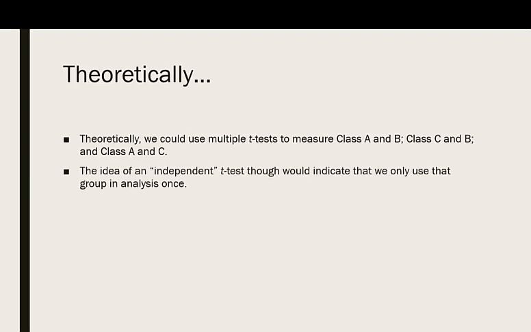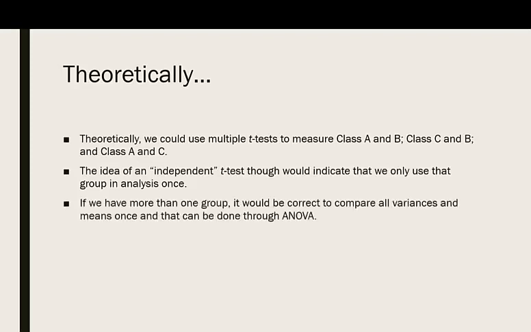It's the simple idea that an independent t-test would indicate that we're using that group data in an analysis only once. Okay, and so theoretically, it doesn't fit that we would do multiple t-tests, and so we need to use something different.